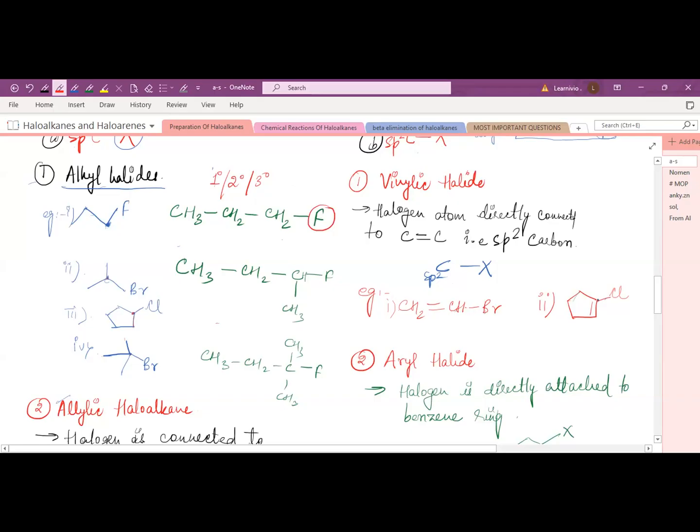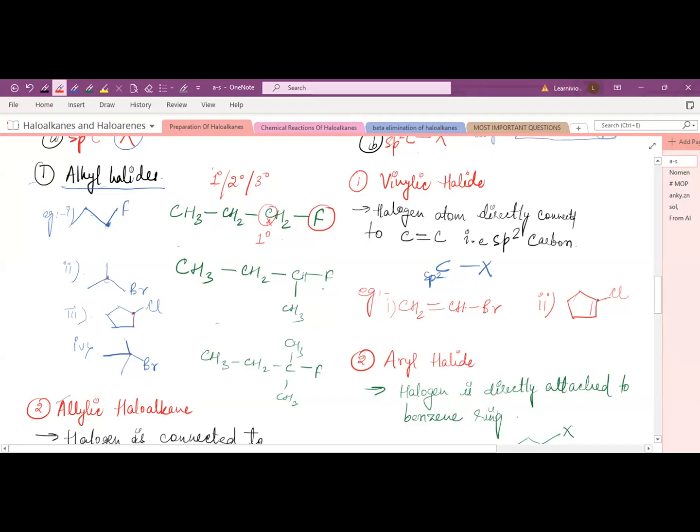The halogen group is attached to which carbon? This carbon, right? And this carbon is further attached to how many groups? Only one group, right? So if it is attached to only one group, this is known as a primary, 1 degree alkyl halide.